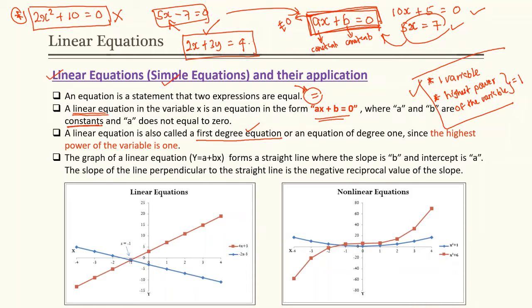This is an equation. Now I need to know whether it is a simple equation or not, whether it is a linear equation or not. What can you say? Is it a linear equation?